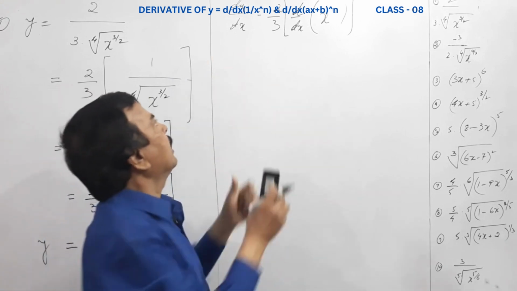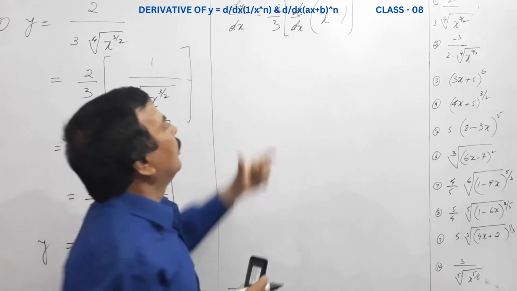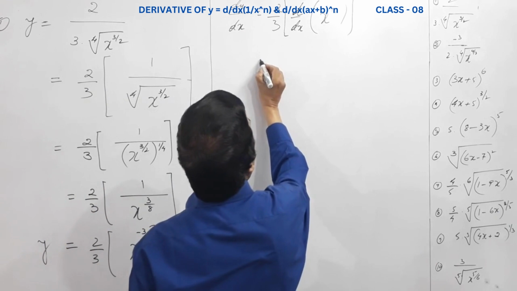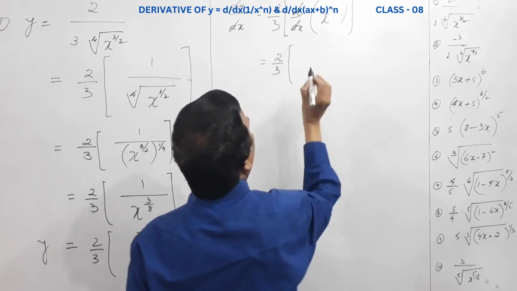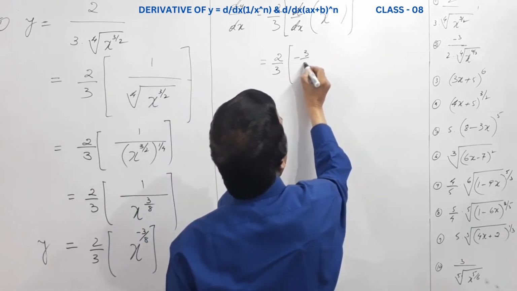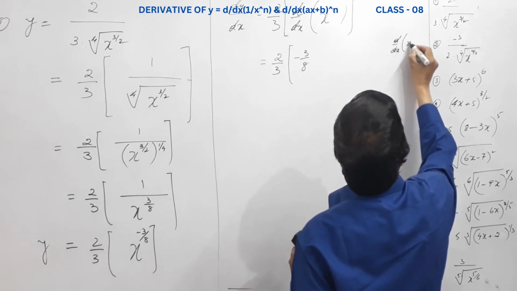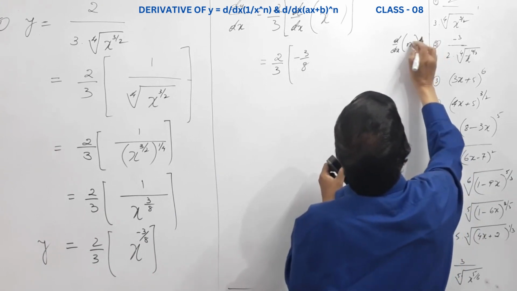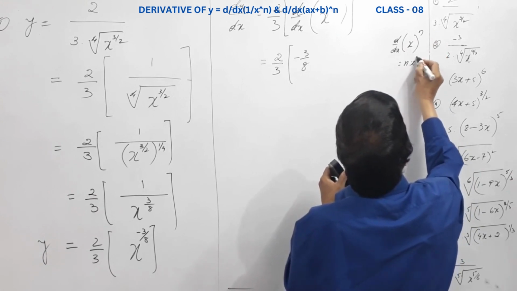Now we are trying to differentiate this. So this equals 2 by 3, and d by dx of x to the power of n is n into x to the power of n minus 1.